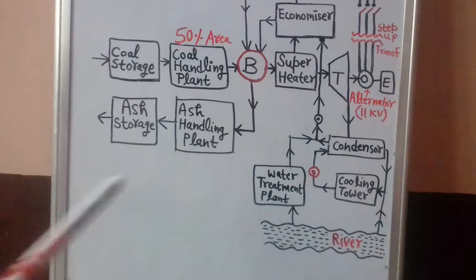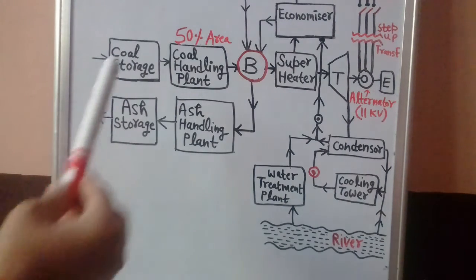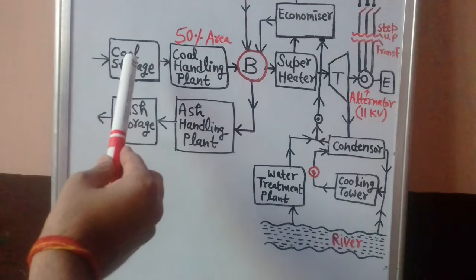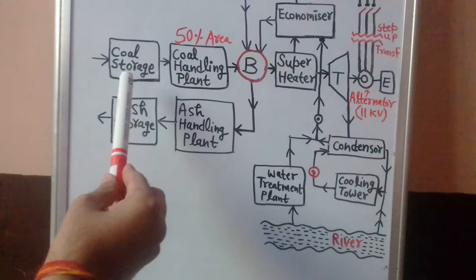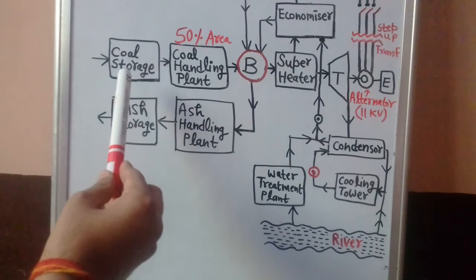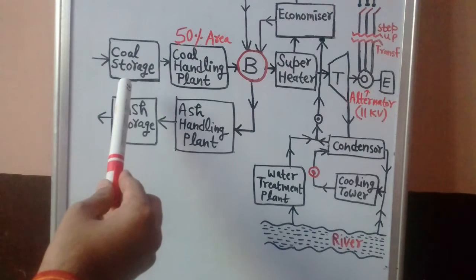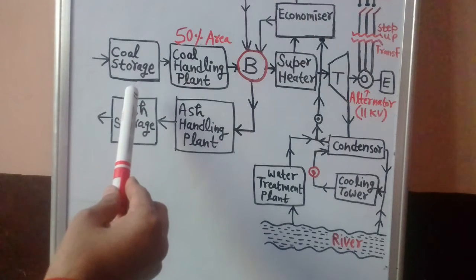So you see that 80% of the coal of India comes from Coal India Limited, CIL.